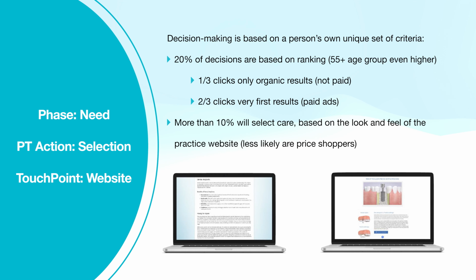So the need phase also has this interesting set of criteria for every person who makes a decision. Some people will make a decision just based on the ranking. So 20% of the people who are searching online will make a decision only based on ranking. They're pretty much just going to click on the first result. Some of the people are going to click on the organic results.